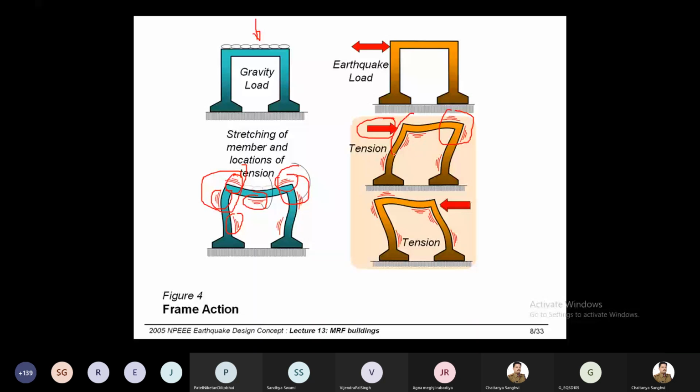In the same way, suppose this and this are okay, but what about this and this? It is completely changed now. When the reversal takes place, because the earthquake means shaking, the earthquake force will act in both directions. So the tension and compression keep on changing.